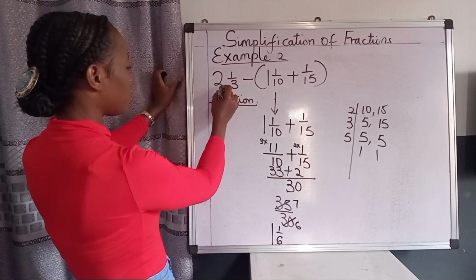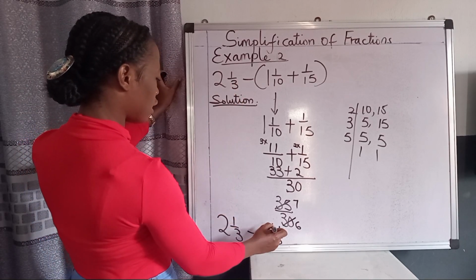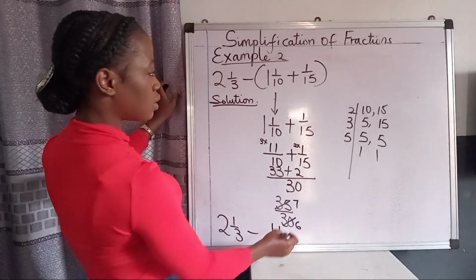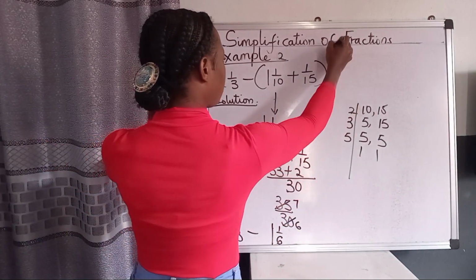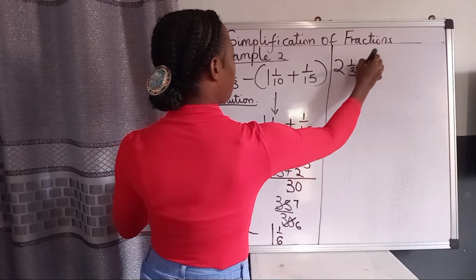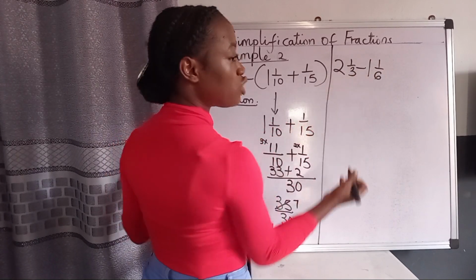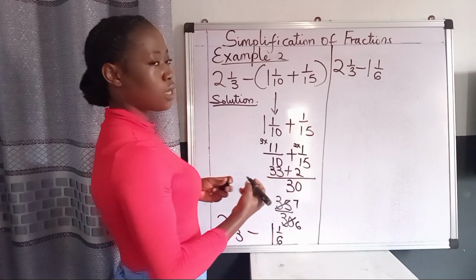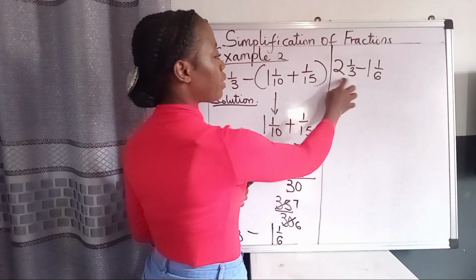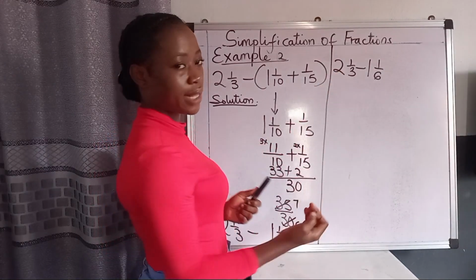Now I'm going to bring down 2 whole number 1 over 3. Then I'll subtract 1 whole number 1 over 6. So guys, I have 2 whole number 1 over 3 minus 1 whole number 1 over 6. There are two ways to solve this. You can decide to change the mixed numbers to improper fractions, or you work on the whole numbers first.